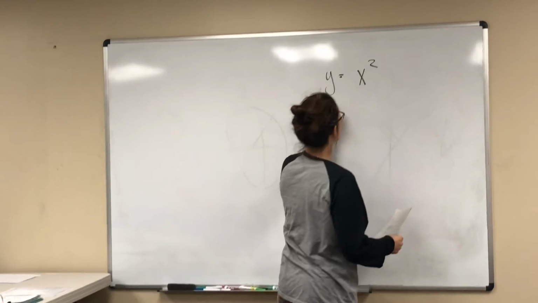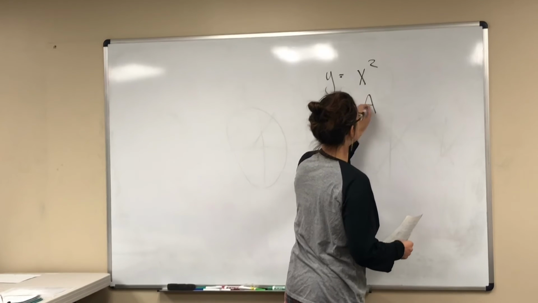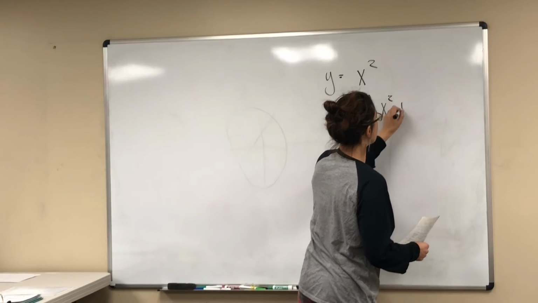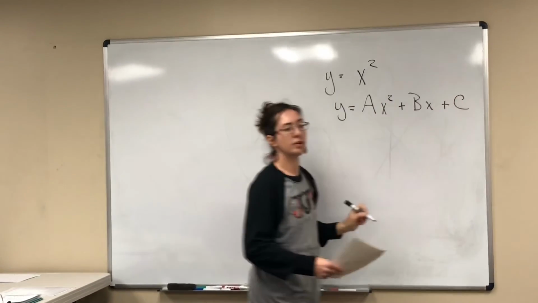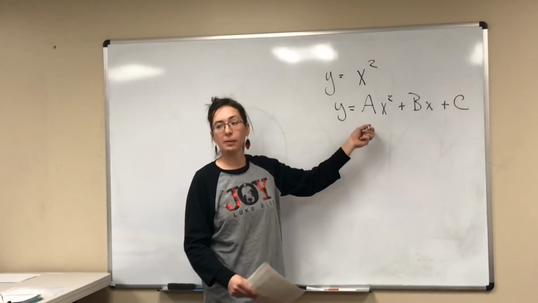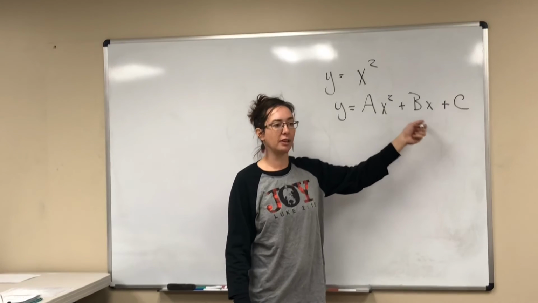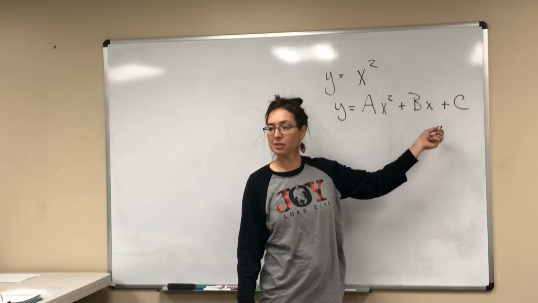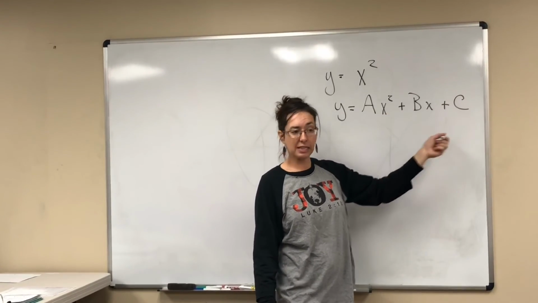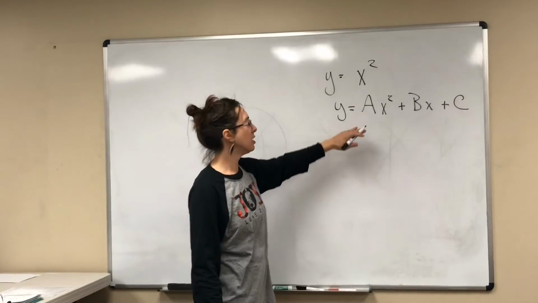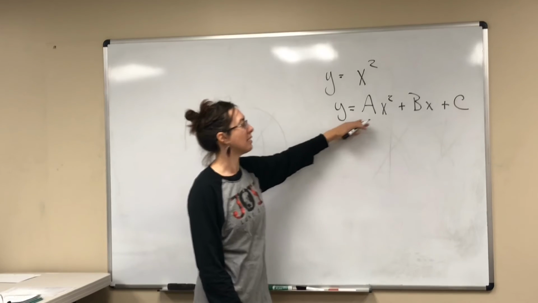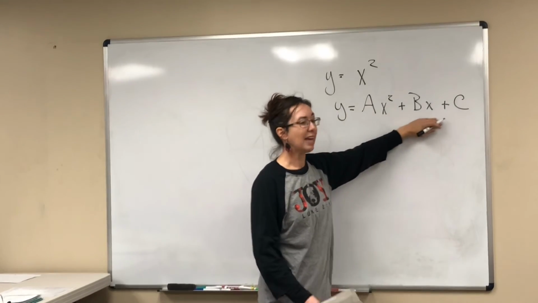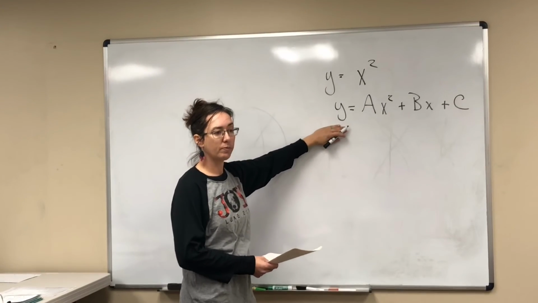Remember when we looked at a real quadratic, we say it equals ax squared plus bx plus c. Our quadratic formula used negative b plus or minus the square root of b squared minus 4ac over 2a, right? So the main form of quadratic, ax squared plus bx plus c, is called the standard form, okay?